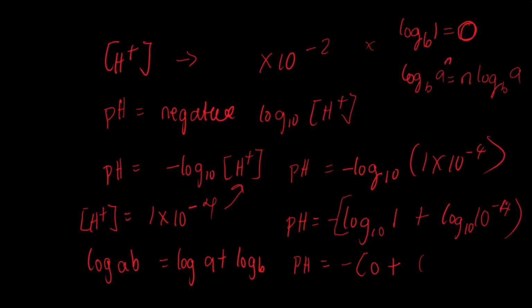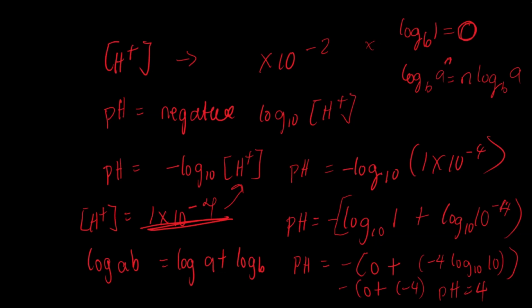So applying that here, we would have minus 4 log to the base 10 of 10, and then we would have negative 0 plus negative 4. So the pH would be equal to 4. So rather than working with a value like 1 times 10 raised to the power minus 4, we simply know that the pH is 4.